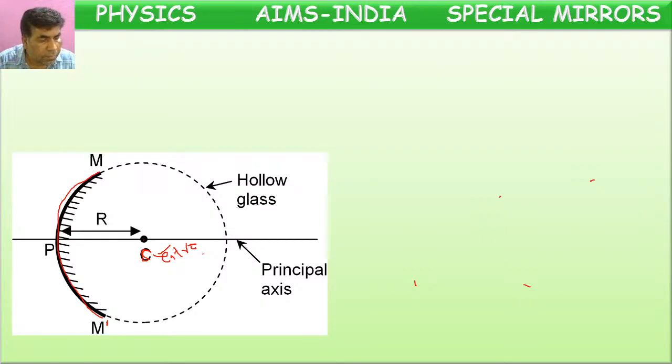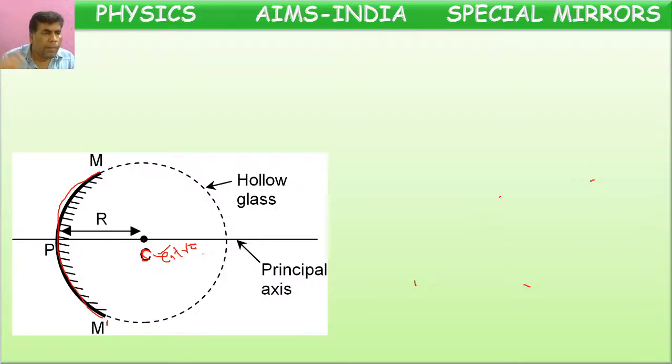Okay, children, be careful, listen carefully. What is center of curvature? Because in physics, for getting marks, you have to write definitions according to correct terminology. Center of curvature is the center of the sphere, not the mirror. It is the center of the sphere of which the mirror is a part.